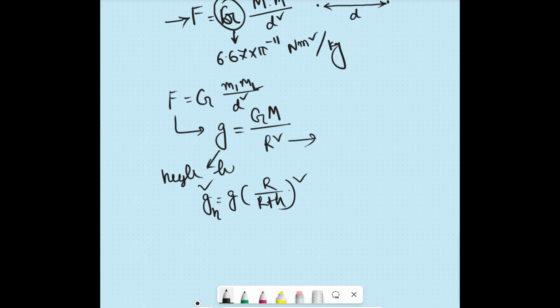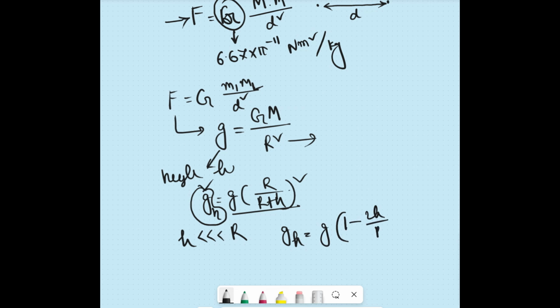So we can find the acceleration due to gravity anywhere using this equation. If the height is very small compared to the radius R, we can write g(h) equals g times 1 minus 2h over R. This equation can be used to solve some numerical problems as well.